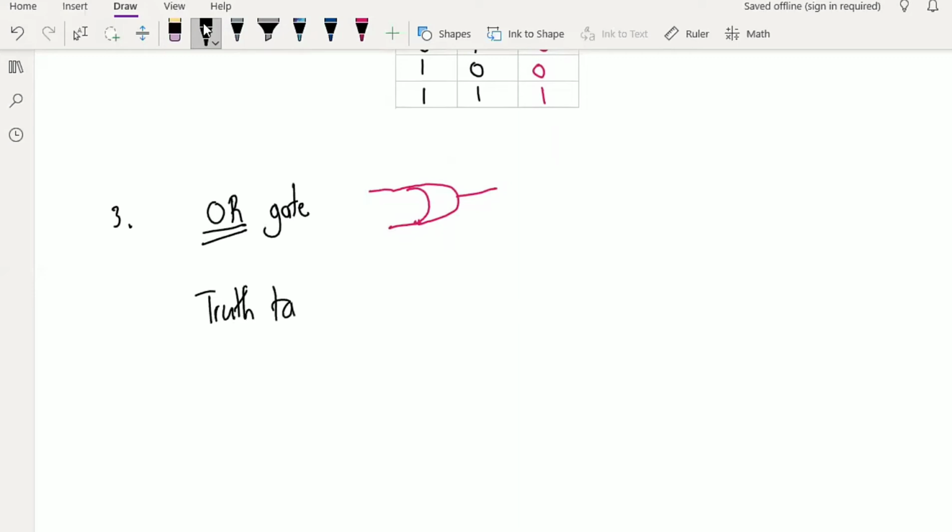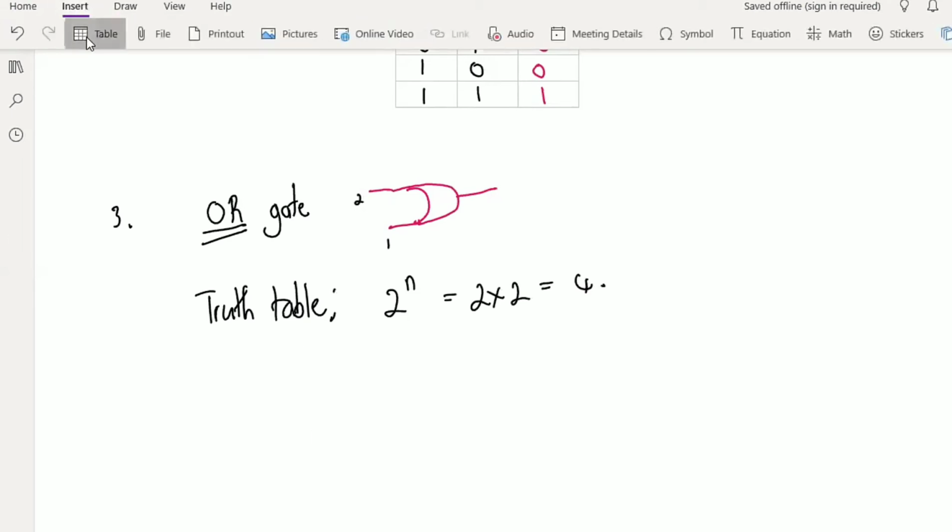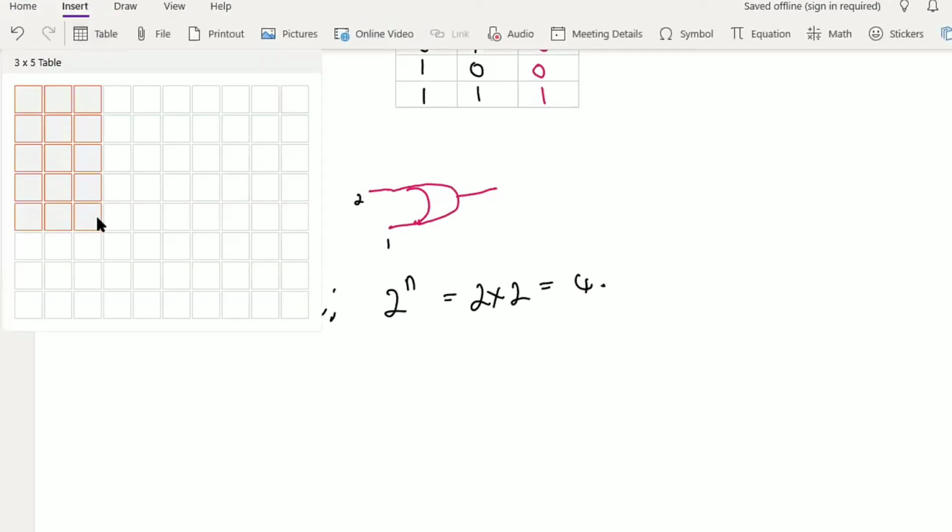Once again, to construct our truth table, we have to know how many possible combinations we have, and that is given by the formula 2 to the power of n. We have two input states here, so it's going to be 2 times 2 once more. We have 4 possibilities. All right, let's go ahead and insert another table once more.